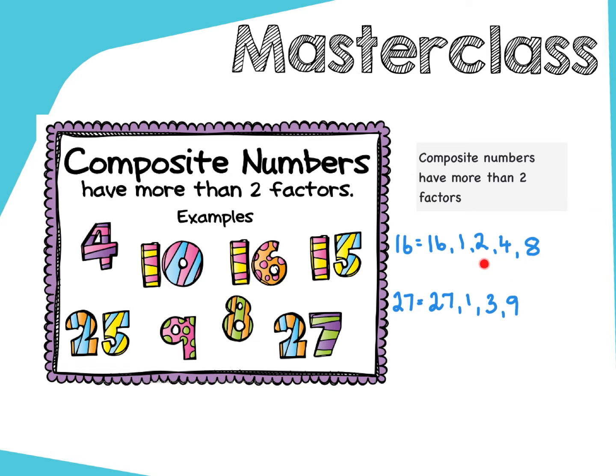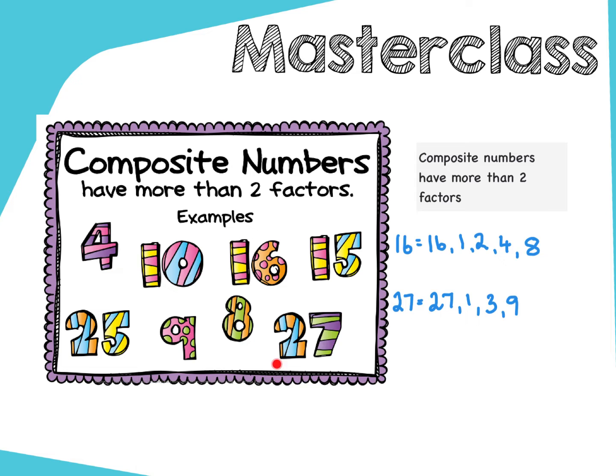So if I count by 2's, I get to 16. If I count by 4's, I get to 16. If I count by 8's, I get to 16, okay? So 16 has 1, 2, 3, 4, 5 factors. 16 has 5 factors, okay?